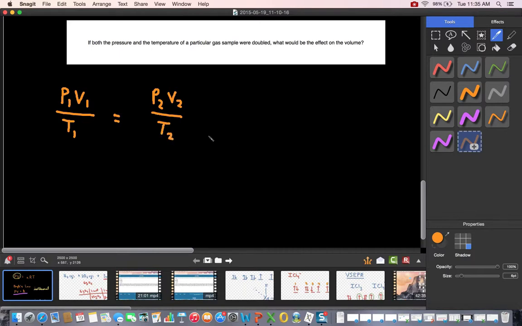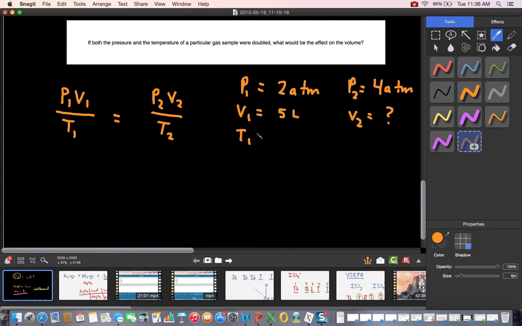My preference in a problem like this is to choose values. So let's say that P1 is equal to 2 atmospheres and P2, which is doubled relative to P1, is 4 atmospheres. Let's call V1 5 liters, and V2 is what we're looking for. We don't know what it is.